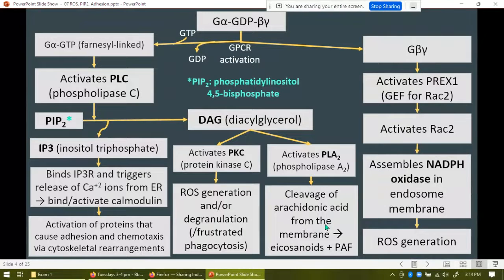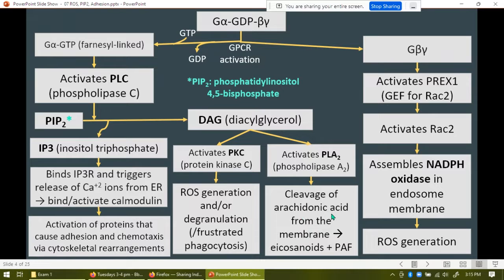Okay, a 20 carbon chain with a carboxylic acid group on one end. When this cleavage happens, it results in two ultimate products. It results in a group of compounds called the eicosanoids, which are arachidonic acid derivatives.